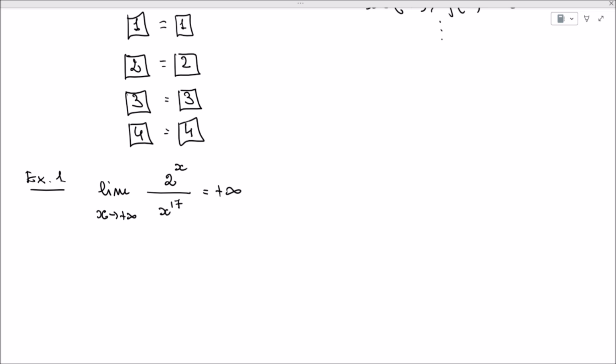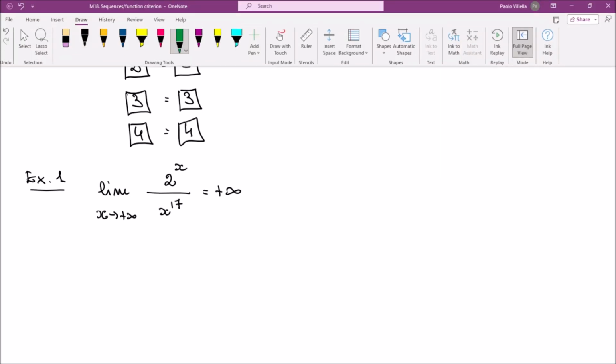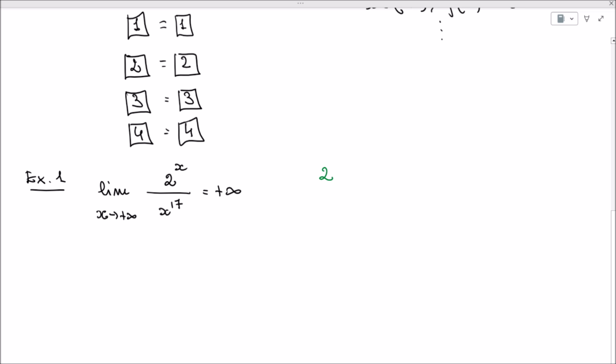We want to prove this by using the sequences function criterion, which is to say that we would rely on some sequence of which we already know the limit. In fact, we know that a sequence like 2 to the n divided by n to the 17 will diverge to plus infinity.